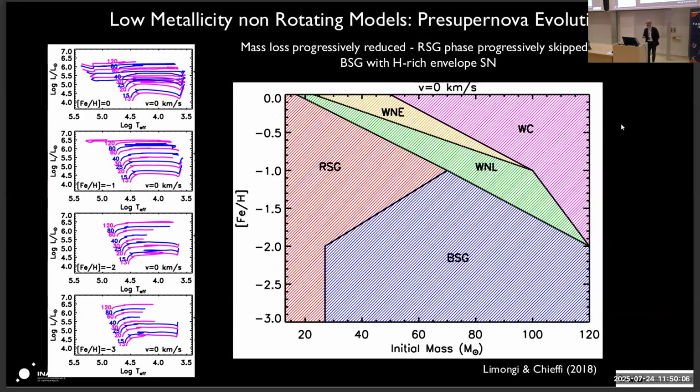So as a consequence, going from solar down to low metallicity, we expect a reduction of red supergiant progenitors and an increase of blue supergiant progenitors. Also, we expect the Wolf-Rayet stars to be reduced with decreasing metallicity.